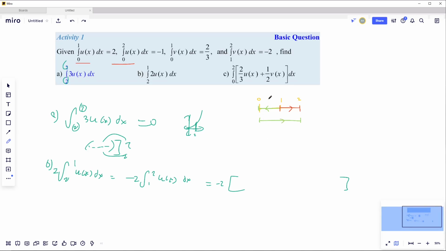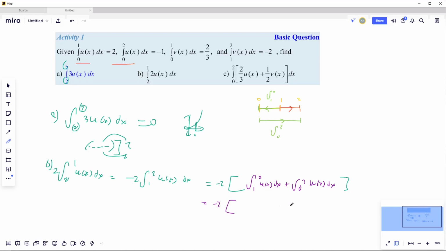So for this one, it's the integral from 1 to 0, important, so you're going from 1 to 0, and then the integral from 0 to 2. Let's write that. The integral from 1 to 0 of u of x dx, let me change the color, let me pick purple, plus the integral from 0 to 2 of u of x dx.